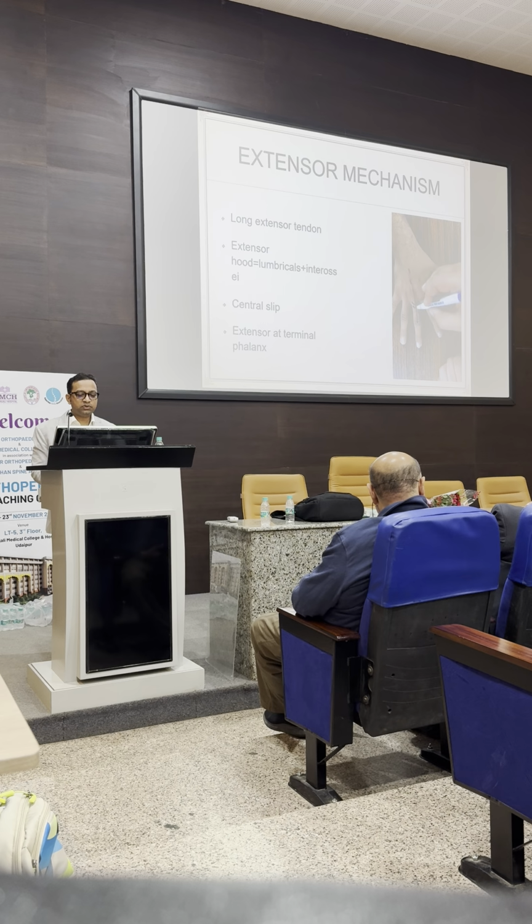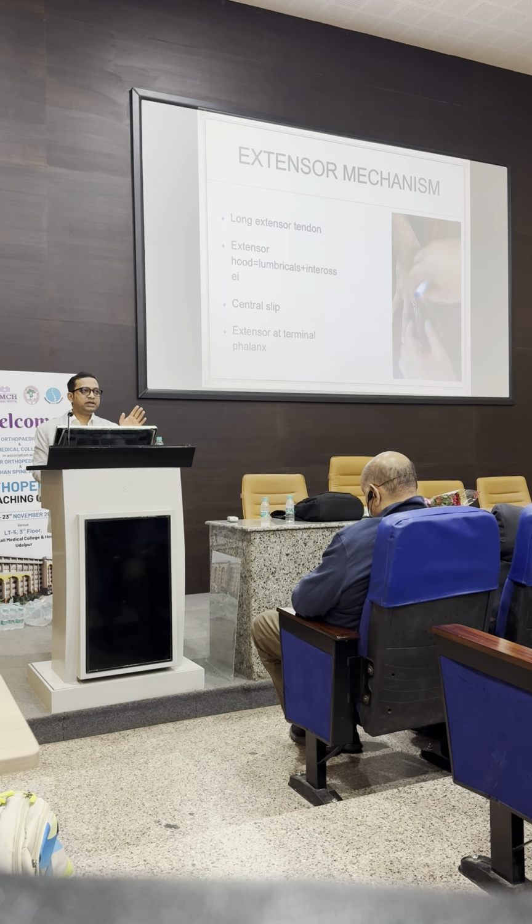The same tendon continues and inserts at the base of the middle phalanx, that is the central slip, and it gives two lateral slips which go and insert at the distal interphalangeal joint. Central slip causes extension at PIP. Lateral band causes extension at DIP.